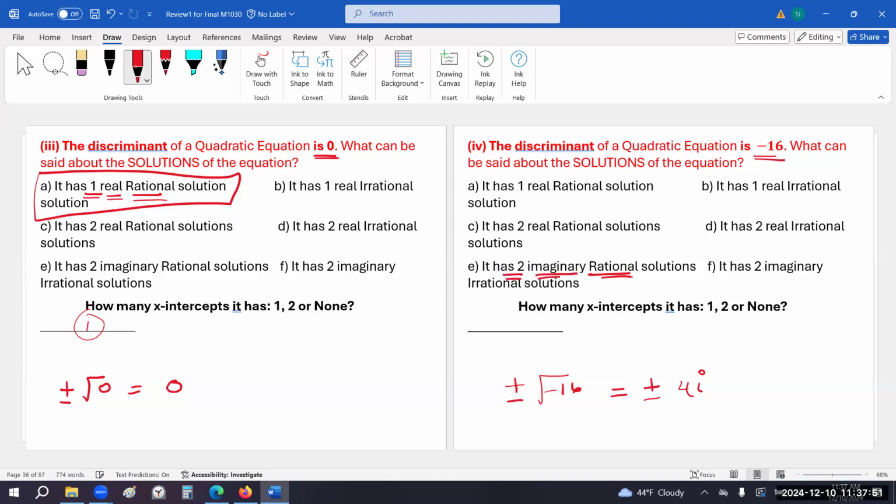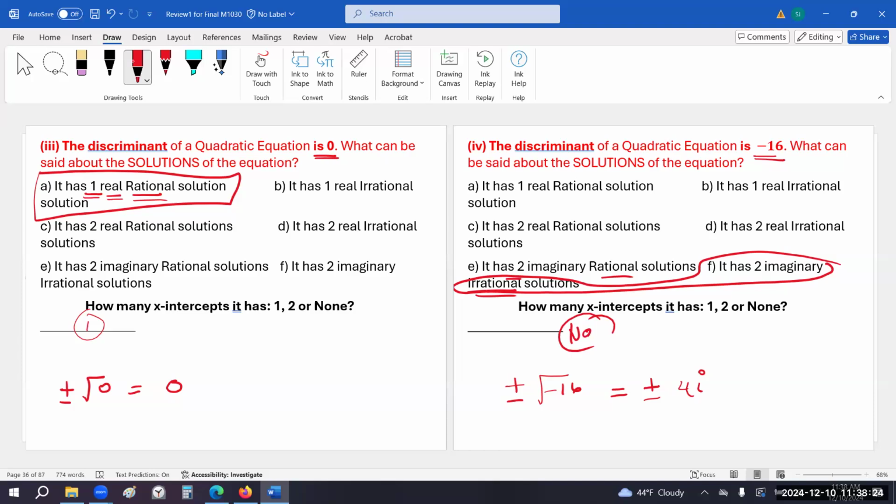So 2 imaginary, rational solutions. And since we have imaginary solutions, how about the x-intercept? Can an x-intercept be imaginary? No. So we have no x-intercept because they are imaginary numbers.